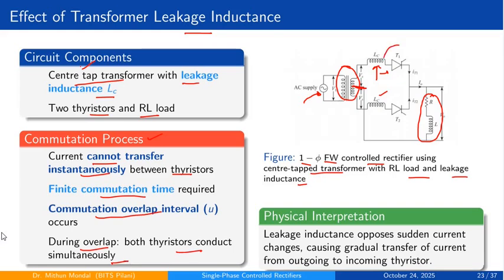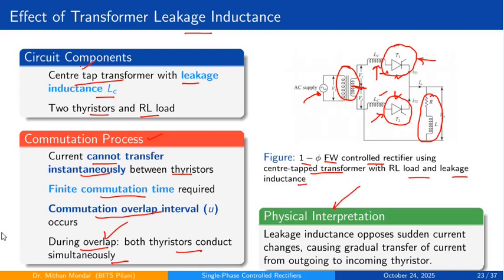What is the meaning? There are two thyristors, T1 and T2. If thyristor T1 is off, then thyristor T2 should start conduction. But there is a time when both thyristors are conducting and neither is off. So there is an overlap, and that interval is given by U.